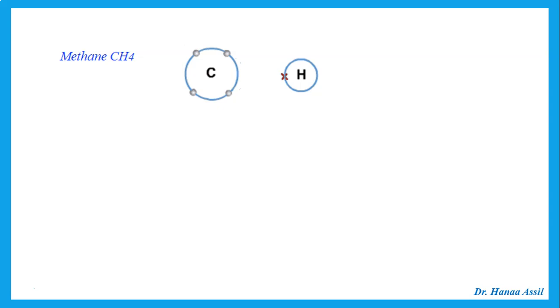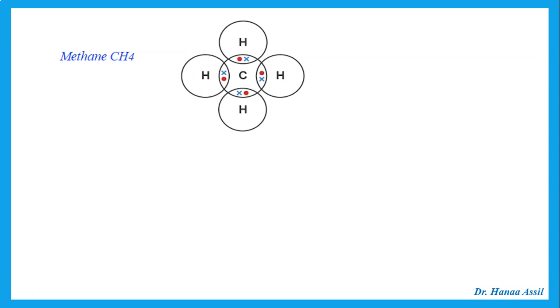It has 4, so it actually needs 4 more. And that means it will need 4 hydrogens to share 4 pairs of electrons in order to have a full outer shell. So this is the dot and cross diagram for methane. Again, with circles or without circles.